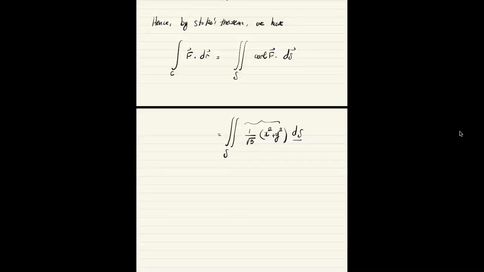Again, there are two cases. Either the surface is a parametric surface, in which case you have to write everything in terms of the parameters u and v, compute r_u and r_v, take the cross product, take the norm, and then integrate over the domain D in the uv plane.